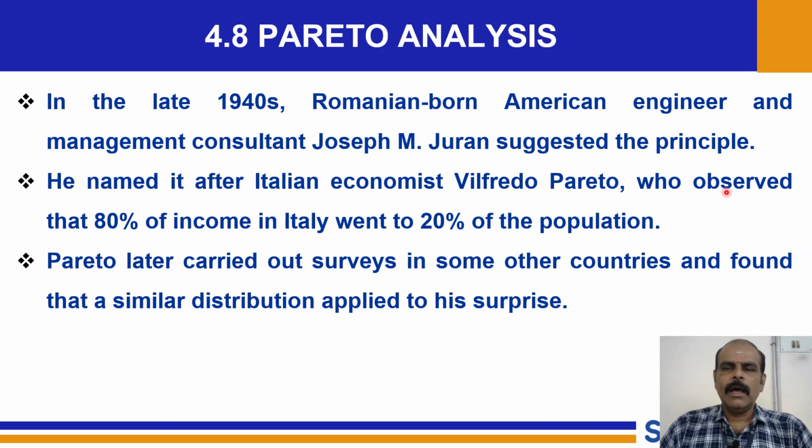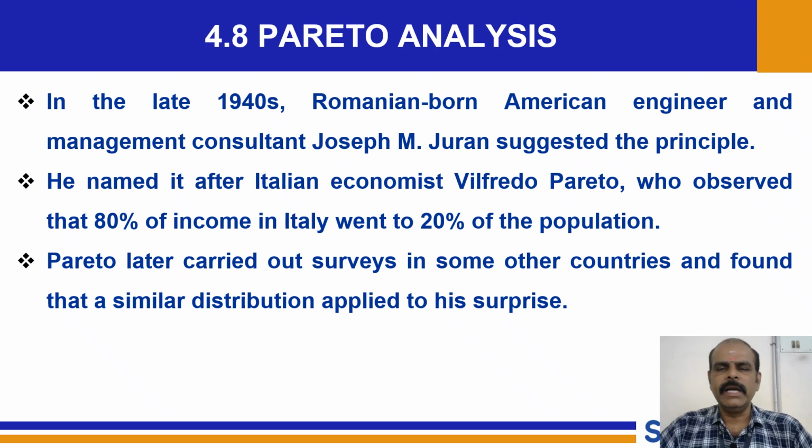Why? Because Pareto was interested to understand the economy of Italy, and he found that 80% of the income in Italy went to 20% of the population. So 80% of the wealth is acquired by 20% of the population. He wanted to cross-check whether 80-20 is applicable only in Italy or in other cases.